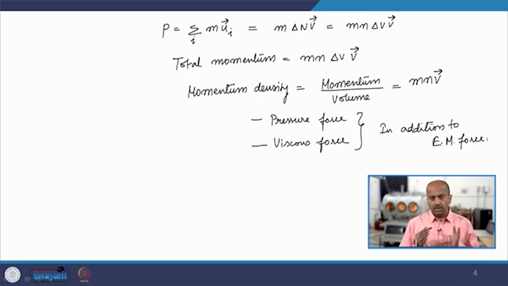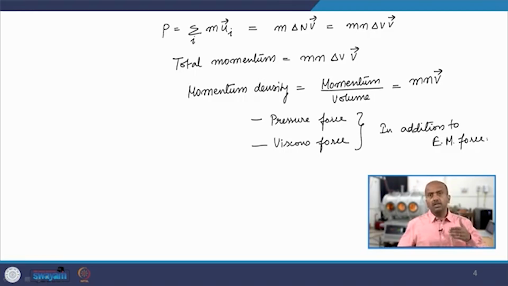But when you consider a fluid, we know very well that differences of pressure at different points inside the fluid can exert a force which is called as the pressure gradient force or pressure force, and the relative movement of fluid layers with respect to one another are influenced by what is called as the viscous force, right. So, if you just want to establish an expression for this, it is like, so if you have a neutral gas, constituent of neutral gas molecules will exchange momentum when they collide, right.